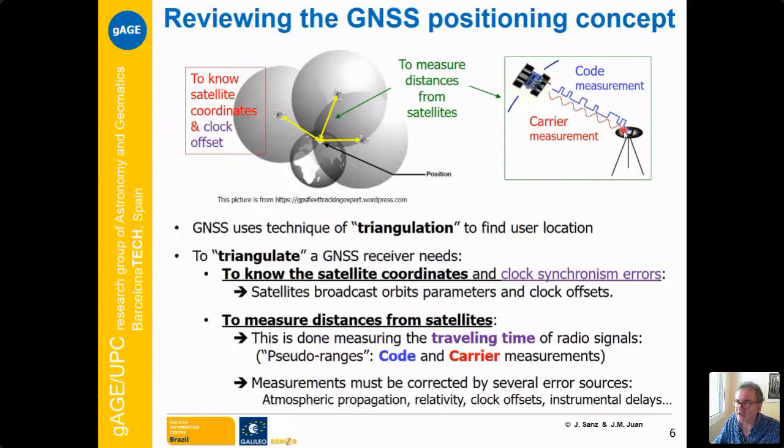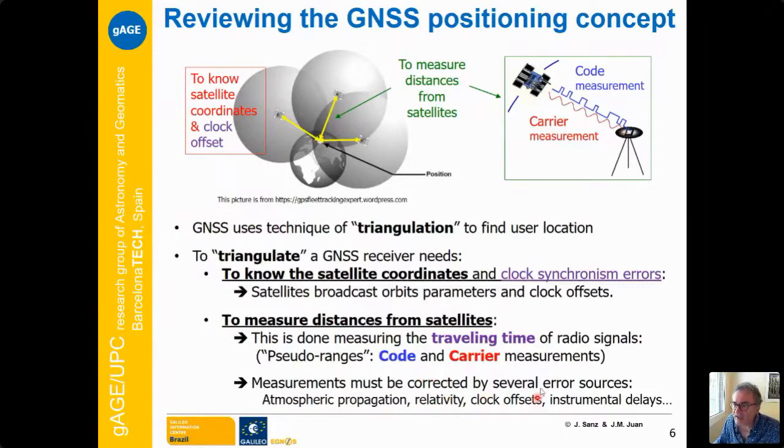Moreover, the signals from satellite to receiver are contaminated by different error sources. These error sources are atmospheric propagation errors. This is because the signals propagate through the atmosphere. This means the ionosphere, troposphere. There are relativistic errors because the clocks, the satellite clock and the receiver clock, are at different locations and under different gravitational potentials, and this introduces relativistic effects.